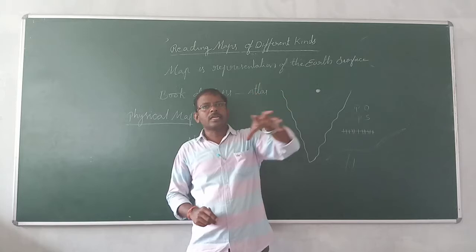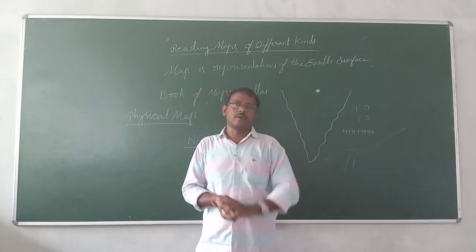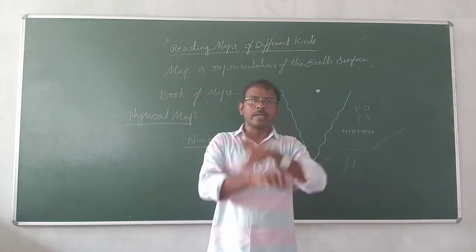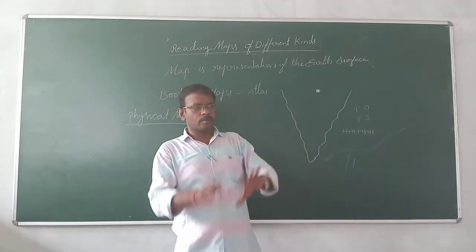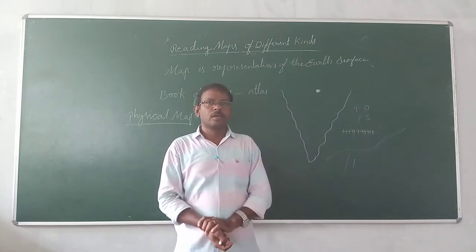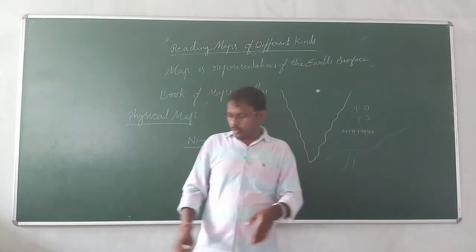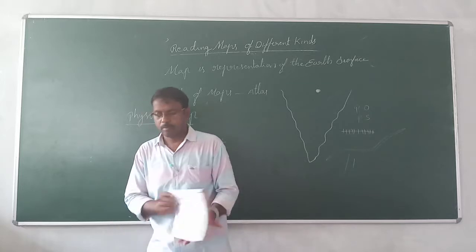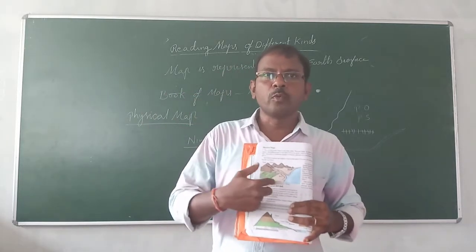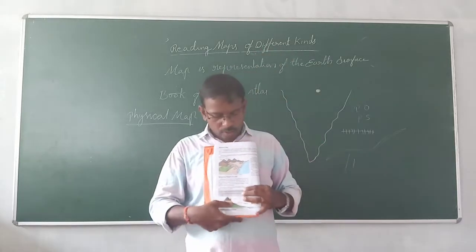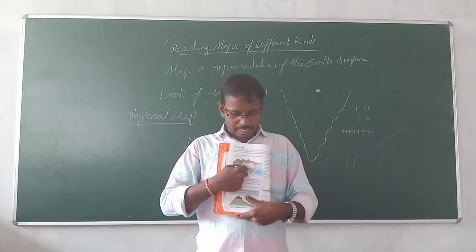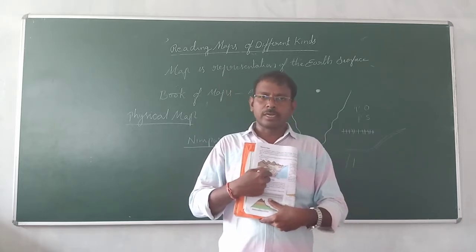If you draw Nimpur village on a piece of paper, a chart, how will it be? See this. It is a drawing of Nimpur village. Here, can you see that this is the water part? We can identify this is the bank of that river.